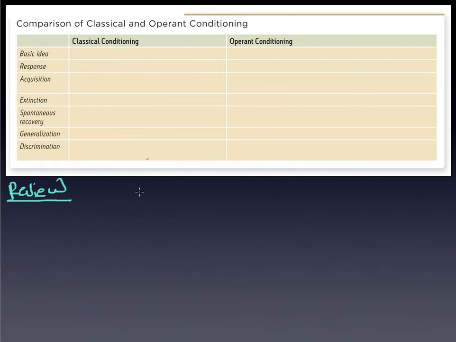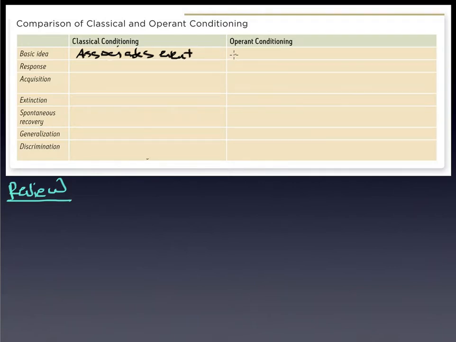Okay, now let's take each. So in classical conditioning, the basic idea is that the organism associates events. That's the key. Both of these are associative learning, but in this case, the organism associates events.